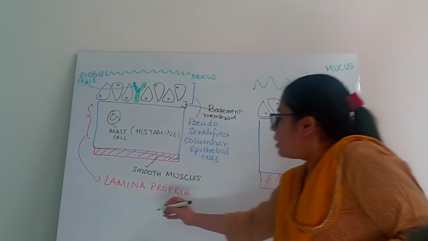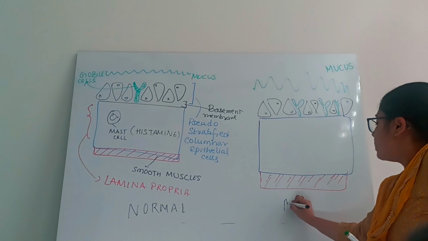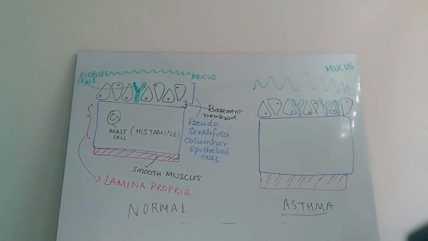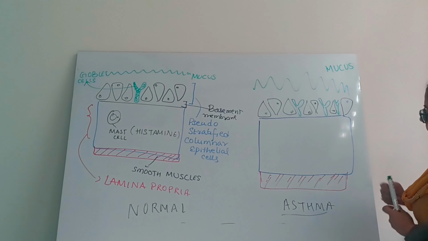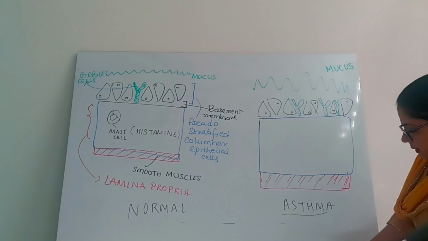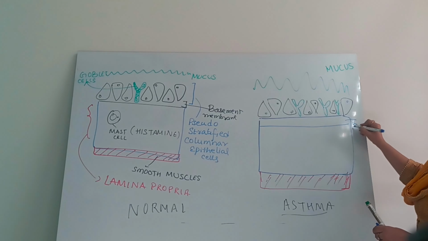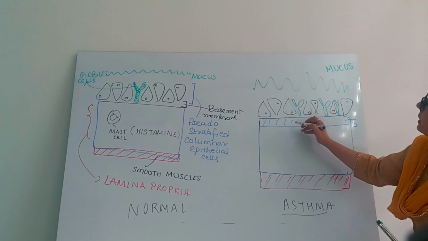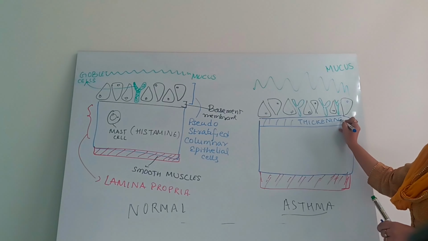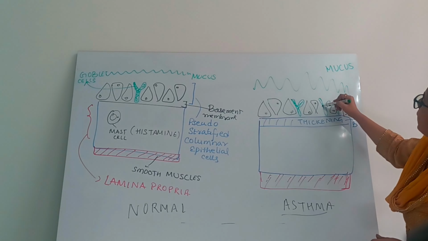So this is a normal cell. This is how the cell looks in case of an asthmatic condition. The basement membrane thickens. The number of goblet cells increases.